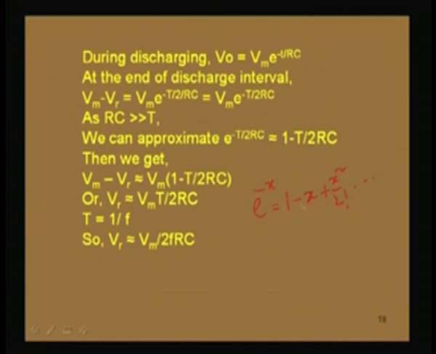So, in that case, keeping up to the first order, that means up to 1 minus x, we can write, and the others we can ignore, because the square of the smaller term will be more and more smaller.